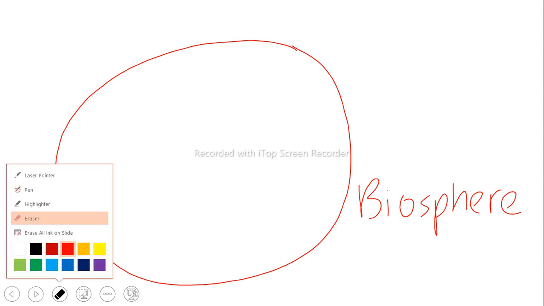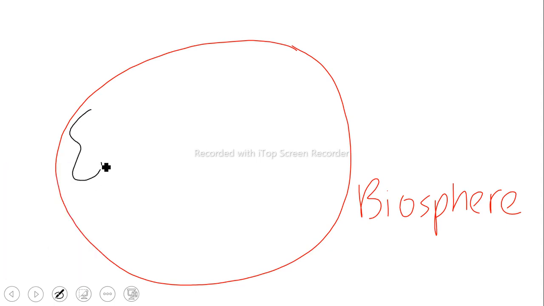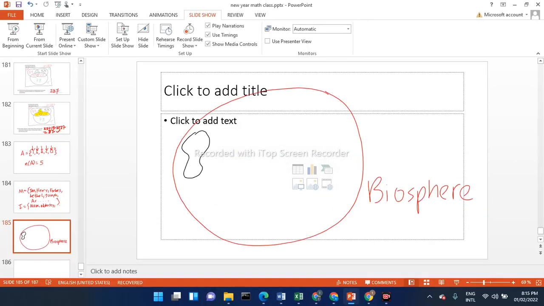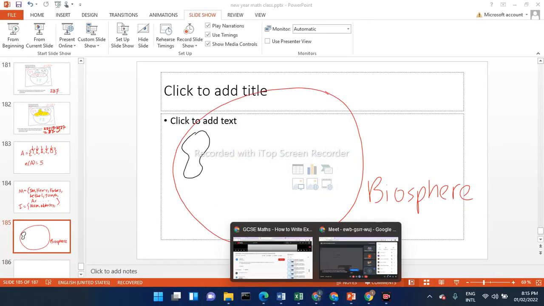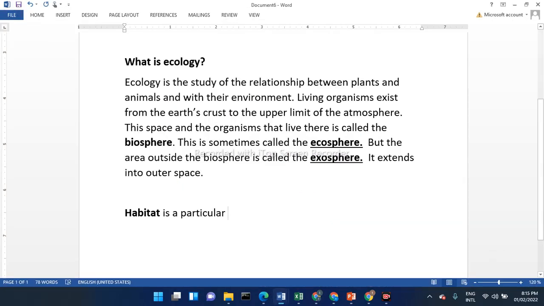So a habitat is a particular portion of an environment. Okay, so say for example we have an environment, like the jungle or the Sahara Desert, or let's say in the Bahamas, a mangrove.